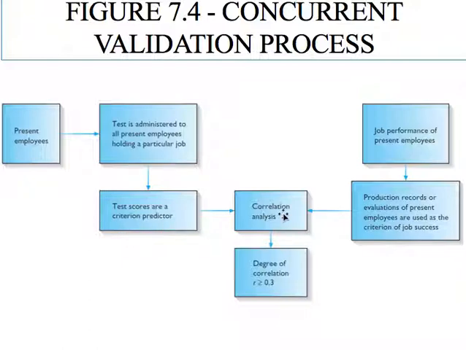So they go through the correlation analysis, and there's a degree of correlation. Job performance of present employees, they look at the production records or evaluation, and those are used as the criterion of job success. That's then analyzed, and then you get your degree of correlation.